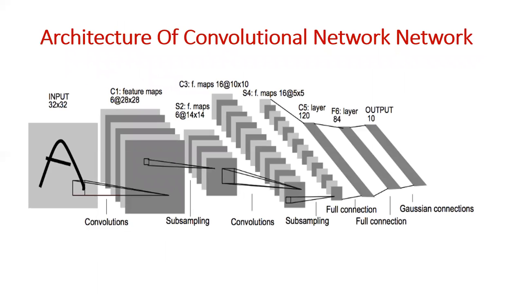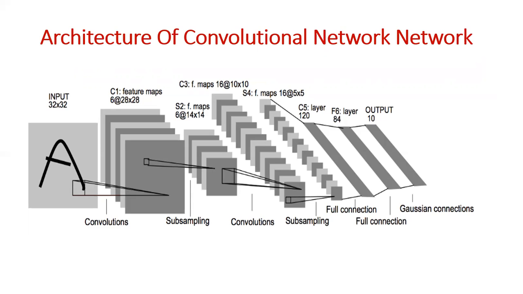Now this is the architecture of the CNN neural network. The input is the image, the input is processed and the output is generated. There are different steps like convolutional, subsampling, full connection, Gaussian connection.